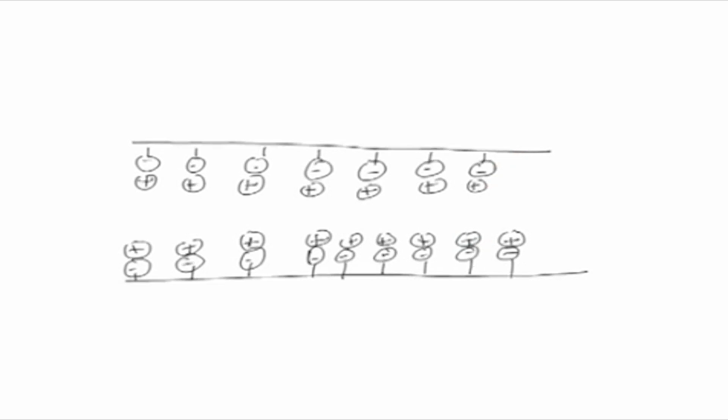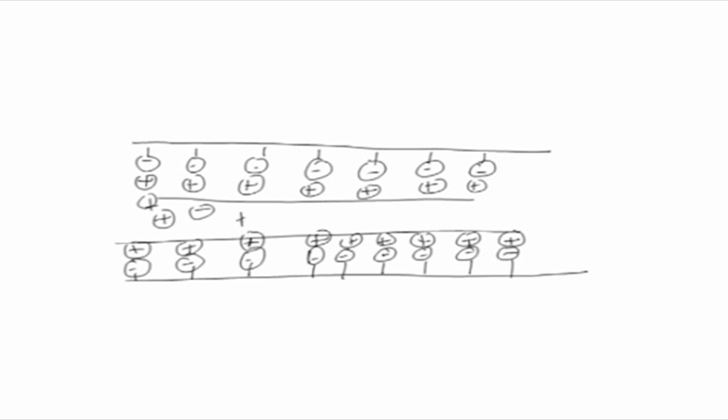On both sides you have positively charged ions from the electrolyte or from the solution moving towards the negatively charged particles. Then there are other positively and negatively charged ions in between here.